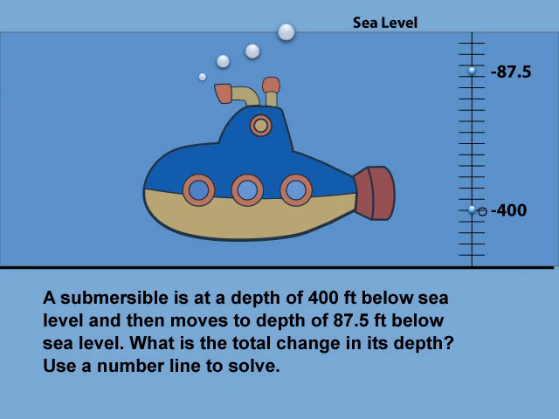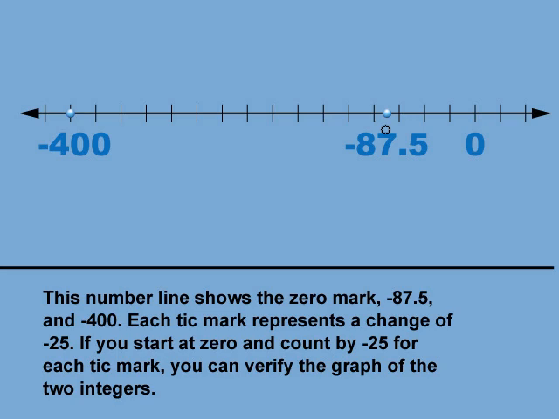the two rational numbers. The distance between the 2 points is the distance the submersible has traveled. This distance is also known as the absolute value. To simplify the count from negative 87.5 to negative 400, let's start at this point, which is negative 100.